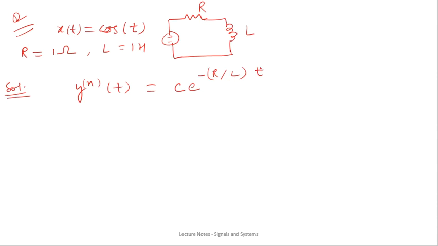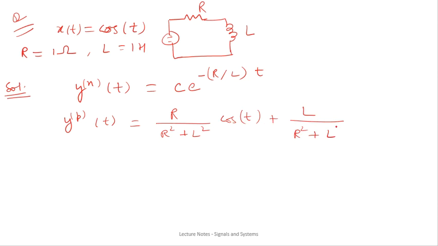A particular solution was also calculated in the previous example: R over R square plus L square cos t plus L upon R square plus L square sin t.